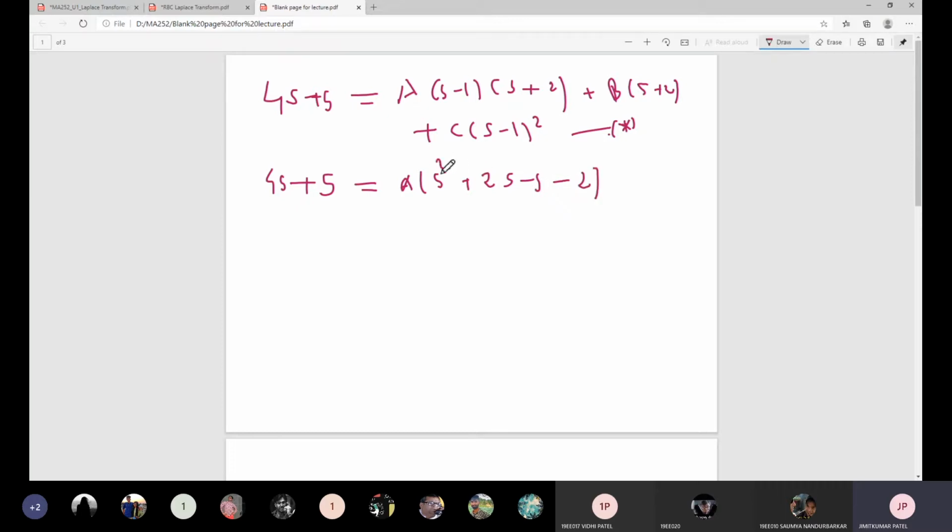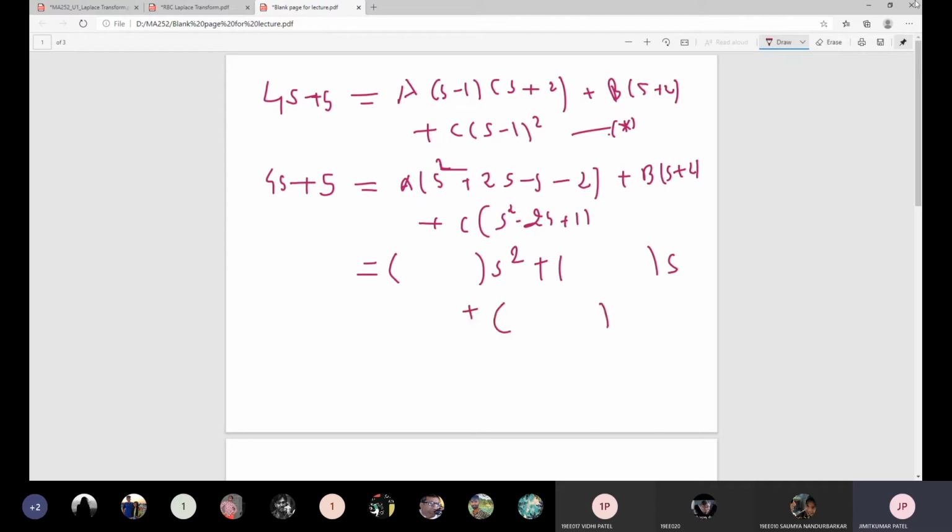Okay, plus B into (s plus 2), plus C into (s square minus 2s plus 1). Okay, so now you can find first the coefficient of s square, then the coefficient of s, and last one for the constant.